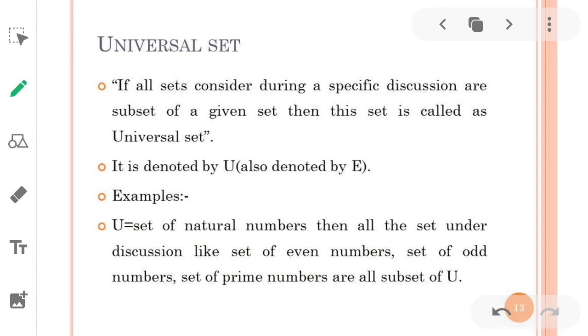It is denoted by the symbol U, or in some cases it is also denoted by the symbol E. So we will consider the set of natural numbers as a universal set. In that case, the set of even numbers and the set of all numbers are subsets of that particular universal set.